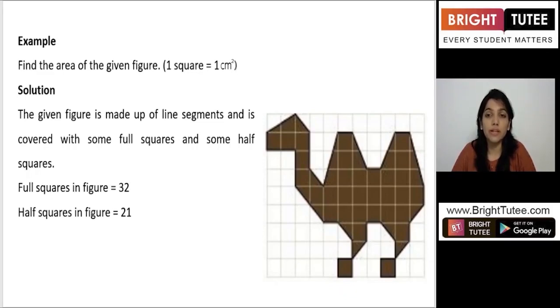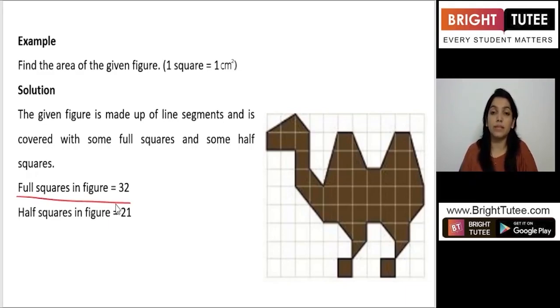The given figure is made up of line segments and is covered with some full squares and some half squares. Let us see how we can find the area of this camel-shaped figure. We need to find how many complete squares there are in the picture. The full squares in the figure are 32. Which are the full squares?